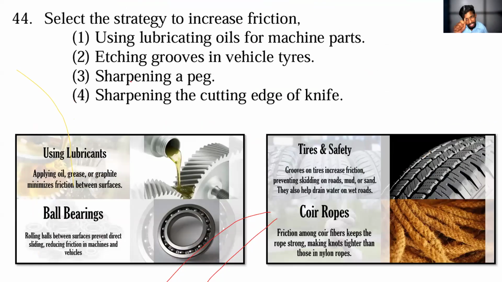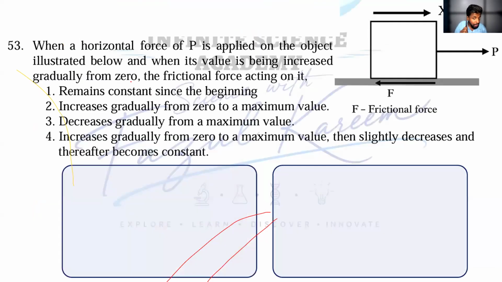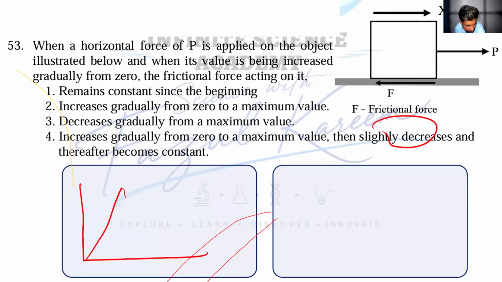Question number 44 is the same, reducing and increasing the frictional force. Question number 53, a very good question, was a past paper question related to the graph. It increased, then slightly decreased, and then had a constant value. Based on the graph, we answer this question.